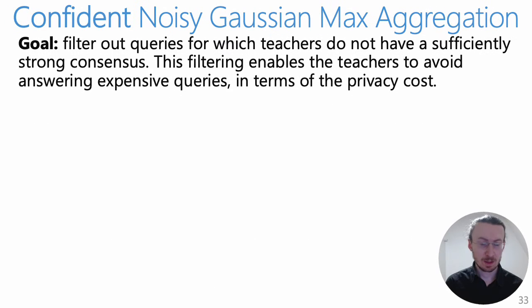We can further improve this mechanism for PATE. Intuitively, what's really happening is that when there is a strong consensus among teachers, the label they most agree on does not depend on the model learned by any given teacher.